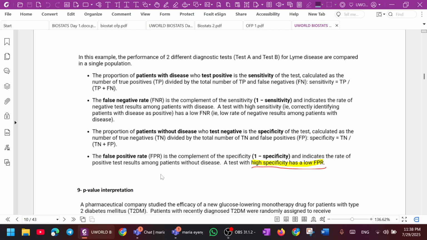We know that if specificity goes up, the false positive rate goes down. And we know that B has a high specificity, so low false positive. So we already know that B has a lower false positive rate. You just said it: specificity is high, so false positive is low.